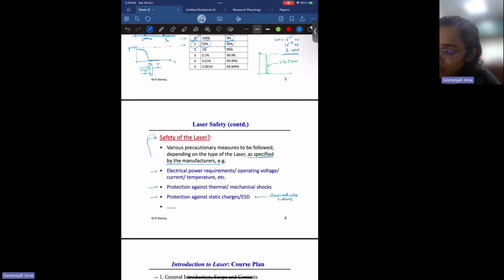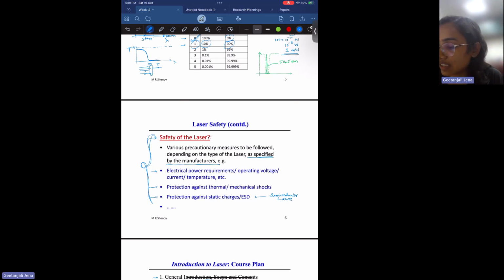These are some precautions that you have to take while using a laser. Various precautionary measures are to be followed depending on the type of laser. If it is a class 4 laser, then the safety precautions will be more strict than for a class 1 laser.